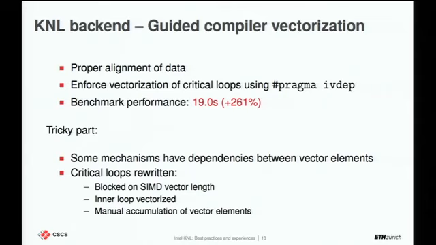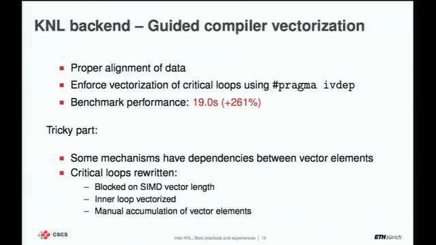But the problem is that if you have, for example, two indices pointing to the same location in the target current or voltage array, then if you just say IVDEP, it won't work, because there is a dependency, and you are basically telling the compiler to just go and do aggressive vectorization.